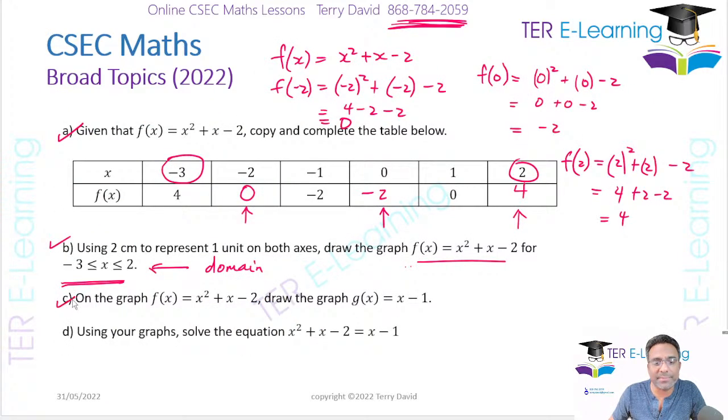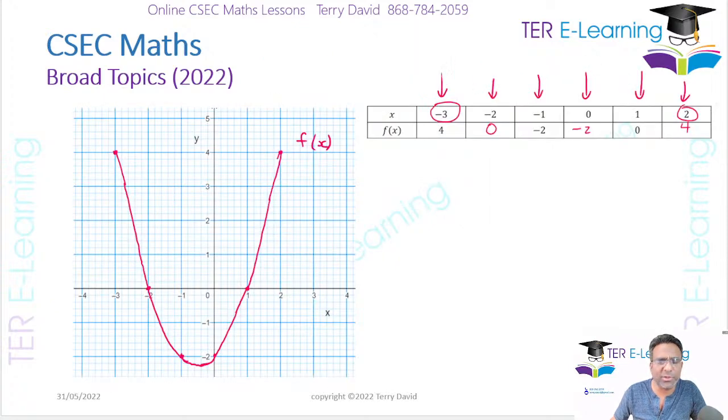The next part, on the graph, you're going to draw another graph, which is g of x is equal to x minus 1. So some of you all might be thinking, well, how are we doing that? Now, that there is a straight line. To draw a straight line, we need to have 2 points.